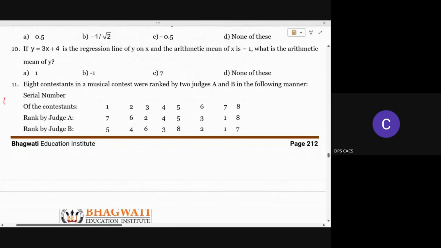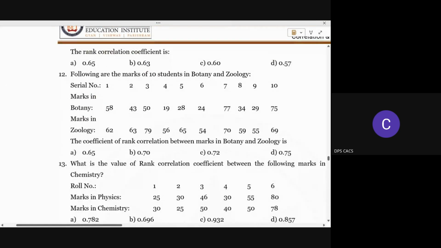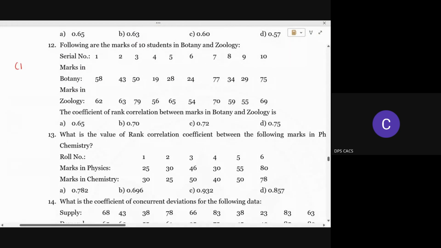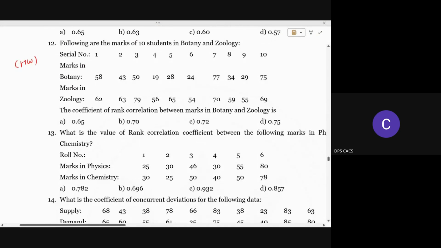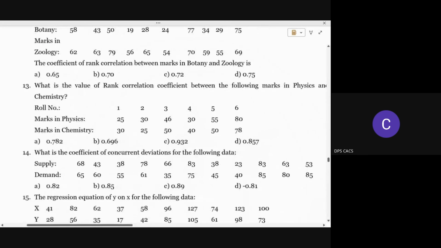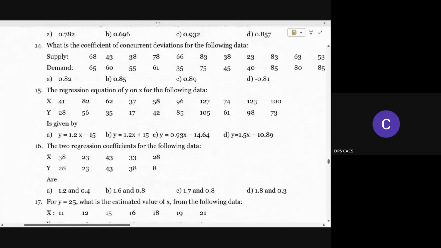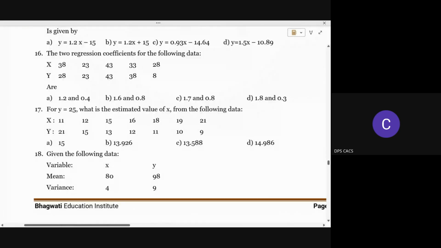Question number 11. Answers are given at the back. Question number 12, rank correlation. These questions are taken from the ICAI book. Question number 13. That's it.